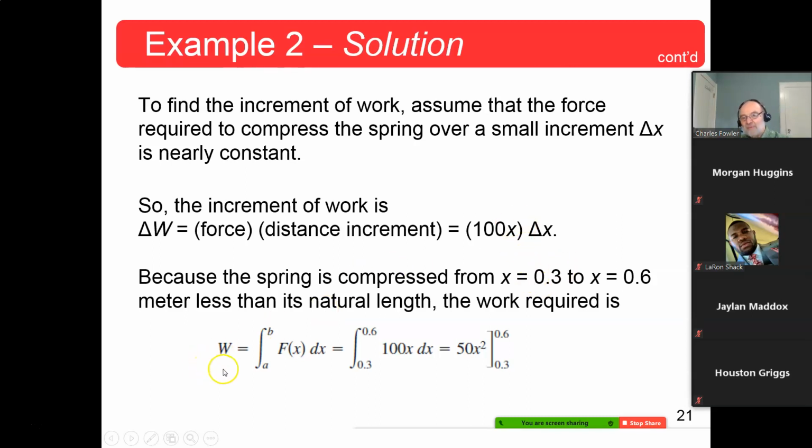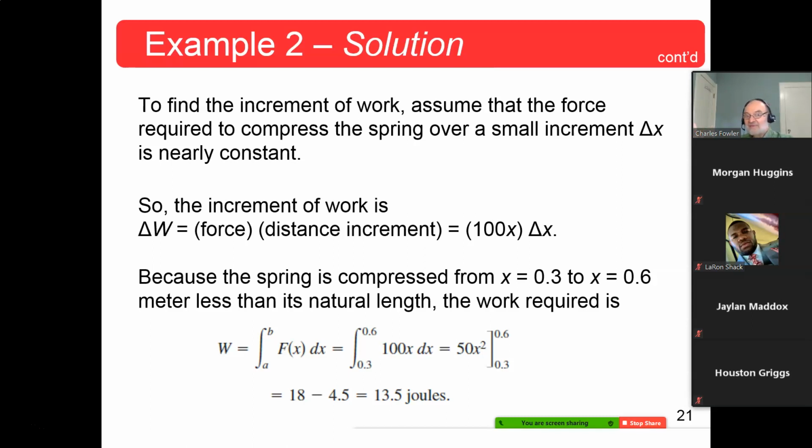This is the basic formula. Work is equal to the integral from a to b of F of x dx. We had from 0.3 to 0.6, 100x, that's your F of x dx, and that's 50x squared from 0.3 to 0.6. And when you do that, you come up with 13.5 Newton meters, which is a joule.